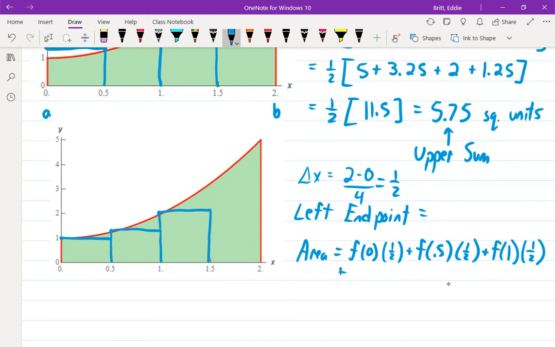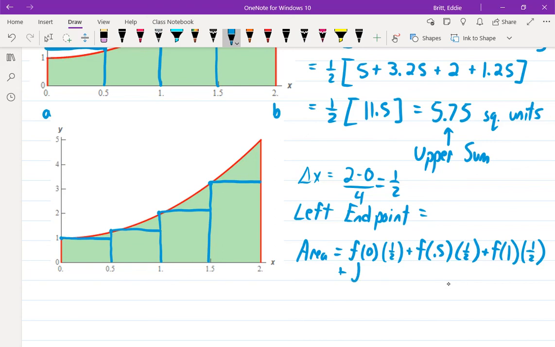Plus, now here at 1.5, or 3/2, I'm going to go up here to the graph. That's where it would touch, and I'm going to draw my rectangle over 1/2 of a unit. Now notice that makes the fourth rectangle, so I'm not going to do f of 2.